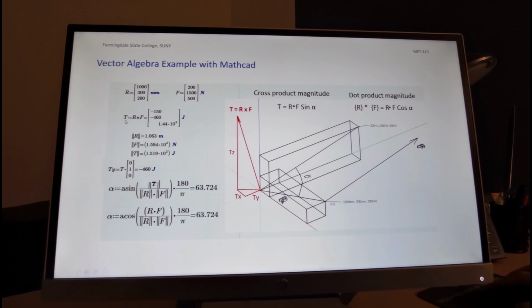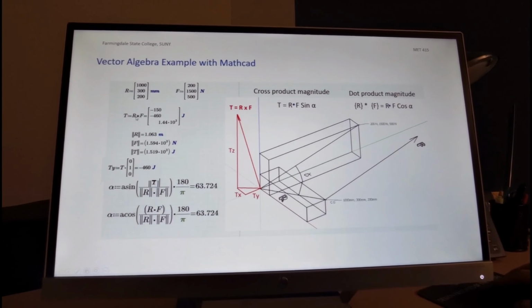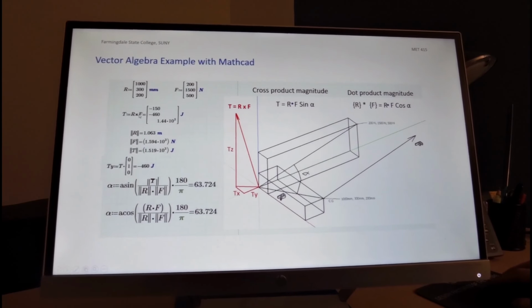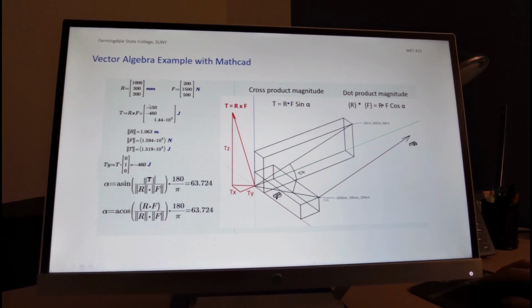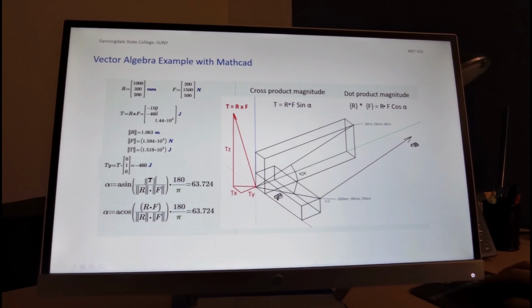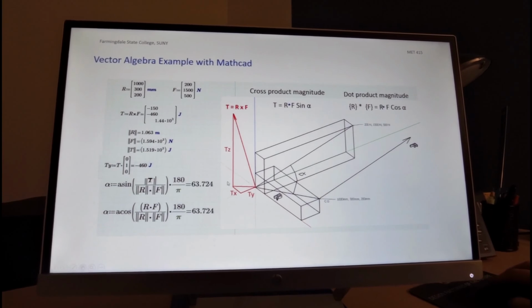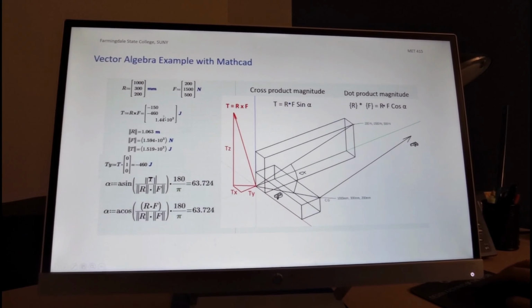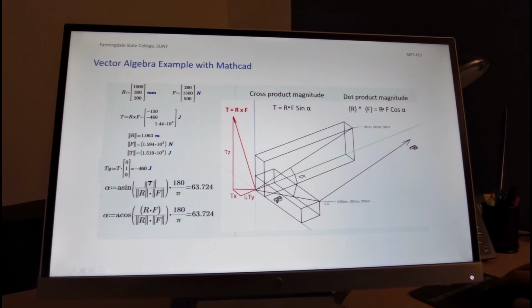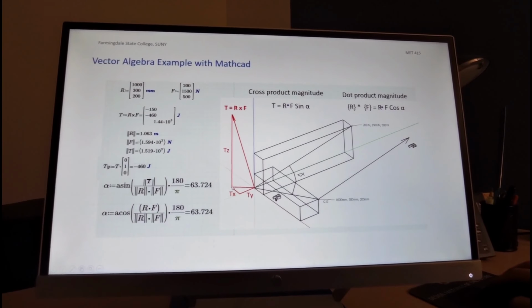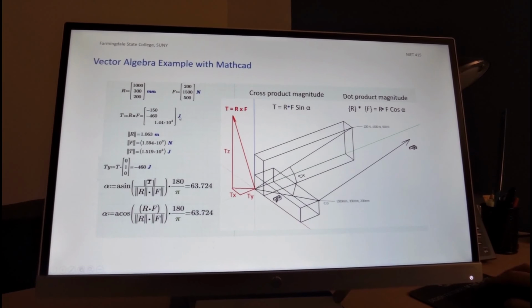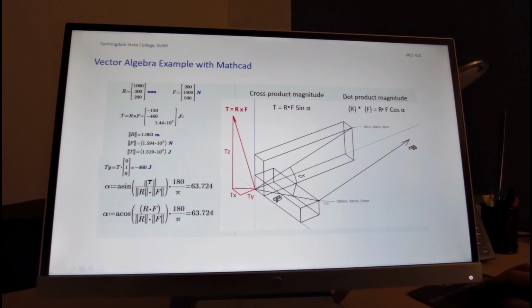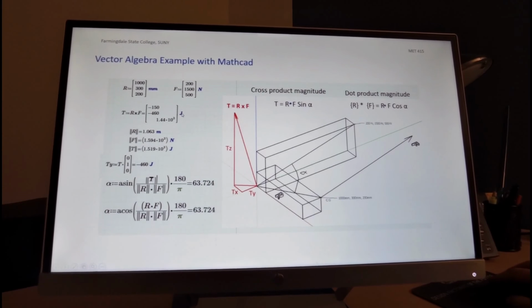And when you take the cross product with a simple notation of R cross F and assign it to T, you immediately get the components of the torque. And as you see, it's minus 150 in the x direction, minus 460 in the y direction, and 1,440 in the z direction. This is the value of the torque, and it is given to us as newton meter or simply joule.